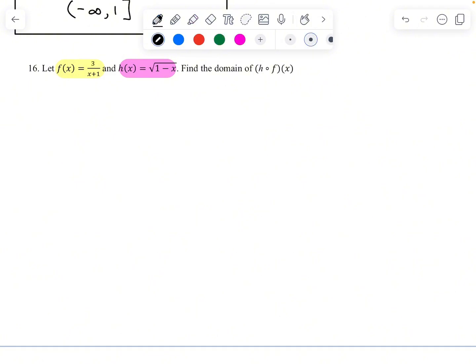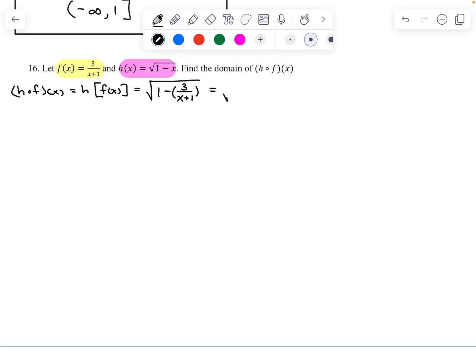Now to do that I'm going to start by creating the composite function. So h composed of f of x is equal to h evaluated at f of x, which is equal to the square root of 1 minus 3 divided by x plus 1. Now recall, to subtract fractions we need a common denominator.